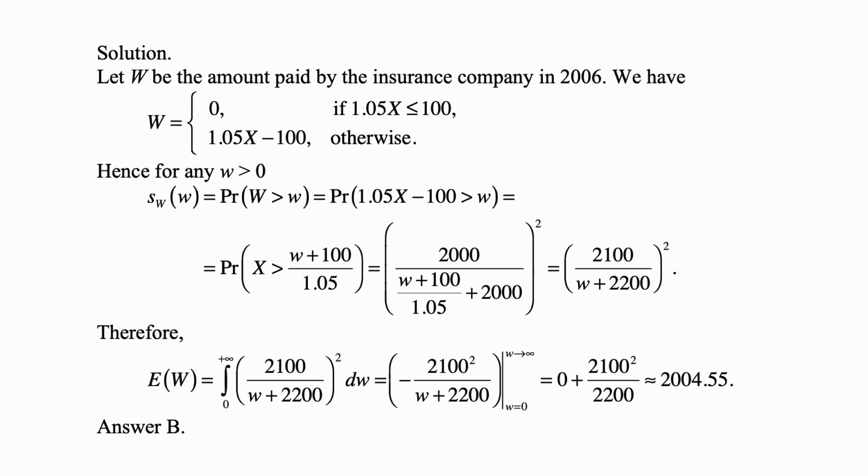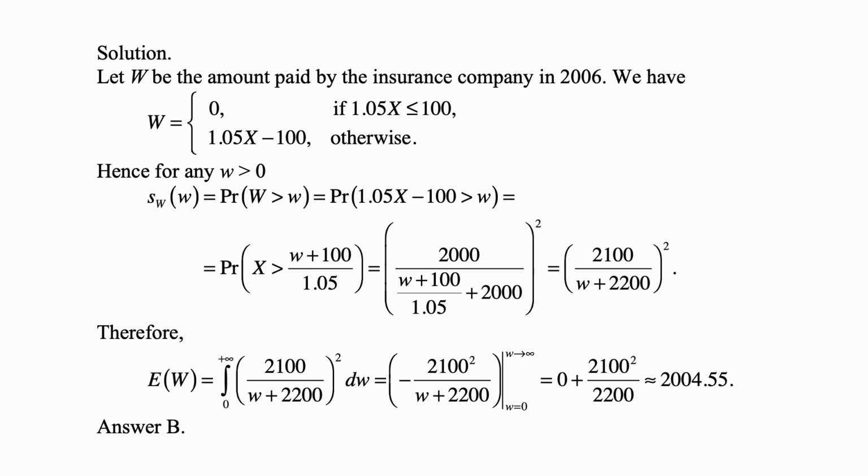So this is 2000 over ((w plus 100) over 1.05 plus 2000) squared. And we can simplify this by multiplying the top and the bottom by 1.05 and then simplifying somewhat. So it's 2100 over (w plus 2200), the whole thing squared.